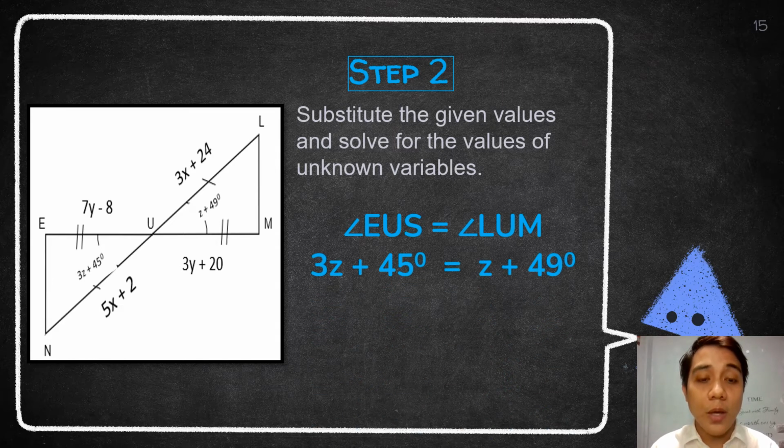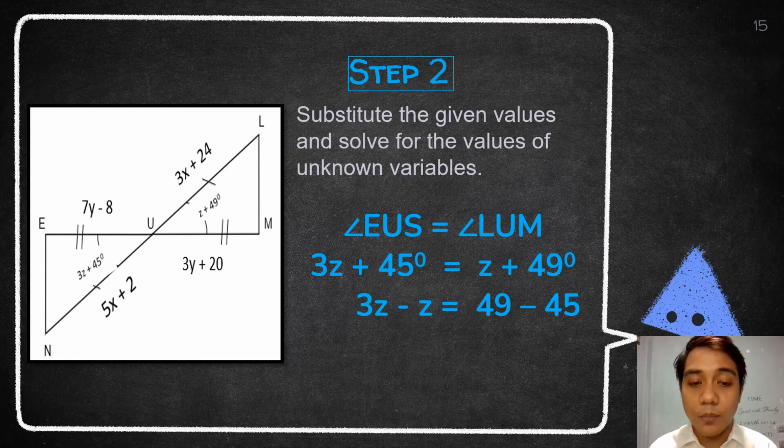Angle EUS is equal to 3z plus 45 degrees, while angle LUM is equal to z plus 49 degrees. Since angle EUS is equal to angle LUM, we can say that 3z plus 45 degrees is equal to z plus 49 degrees. Combining similar terms, we have 3z minus z is equal to 49 minus 45.